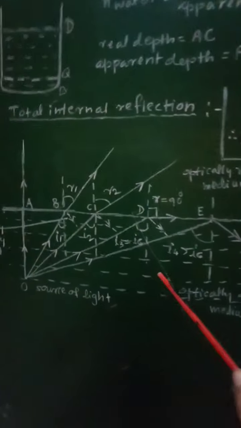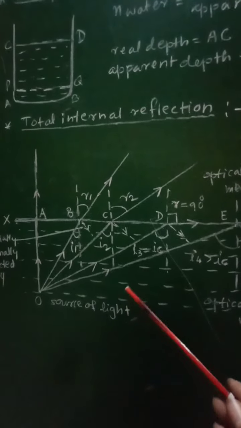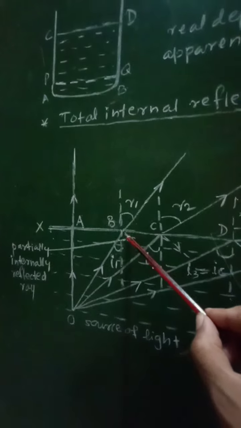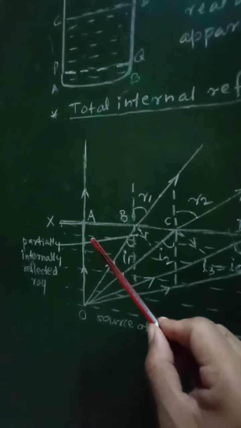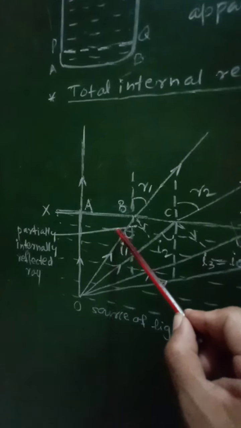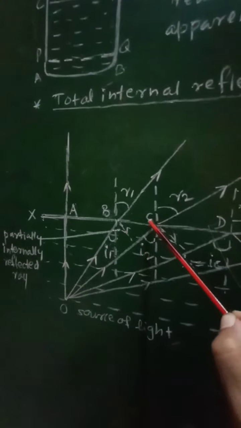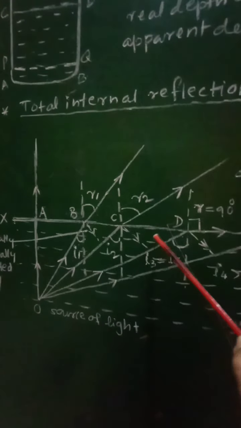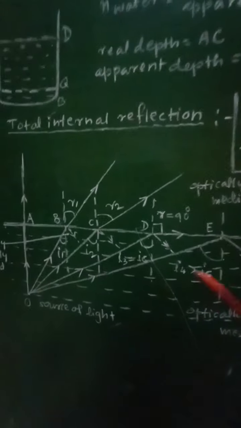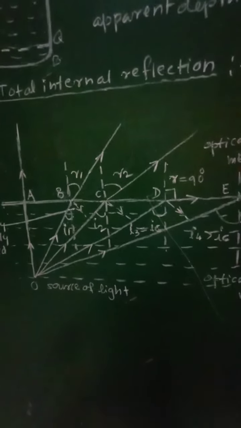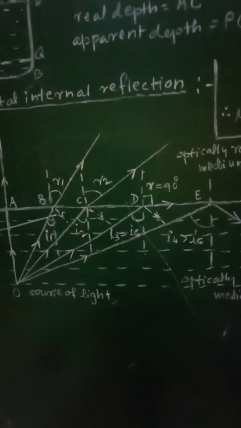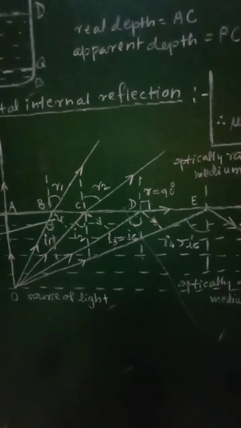But if you consider all these points like A, B, C, D, E, for point B, this dotted line will represent the partially reflected ray. Again for point C there will be partial reflection, and there will be partial reflection for point D. So like this, simultaneous reflection and refraction will take place for all other points if the angle of incidence is less than or equal to the critical angle.